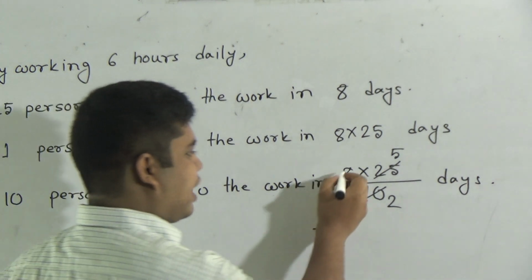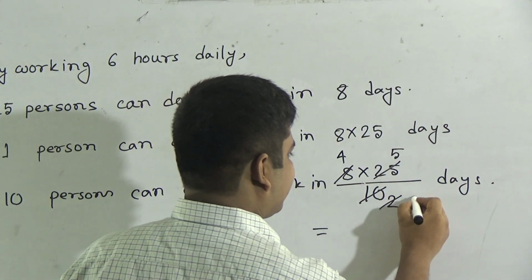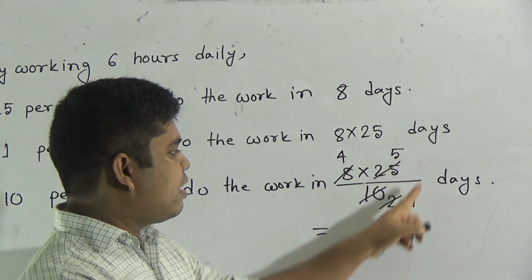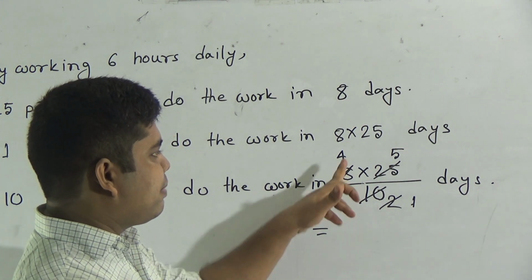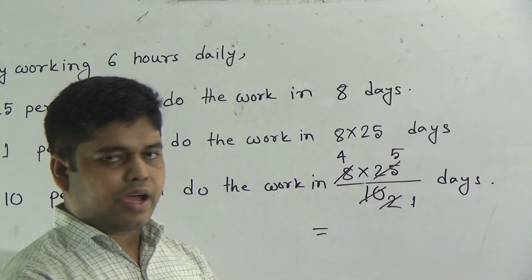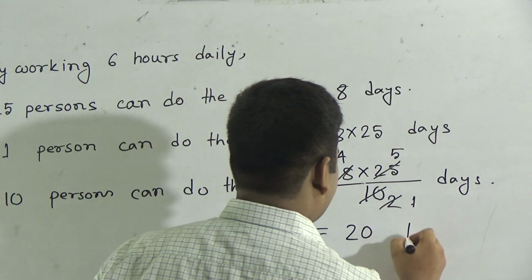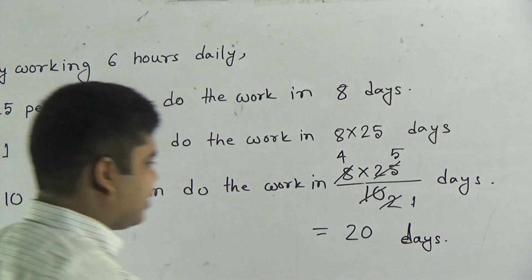If we cut 8 by 2, it will be 4. If we cut 2 by 2, then it will be 1. Now you notice 4 and 5, and the denominator is 1. 1 is negligible, so we multiply this 4 with 5. That means 4 fives are 20 days, and it is the required answer of question number 23.